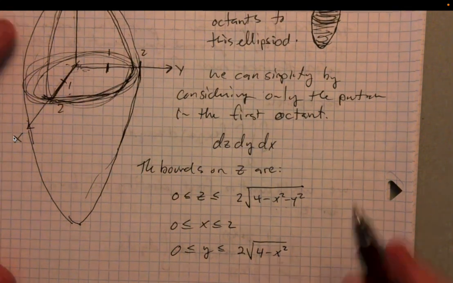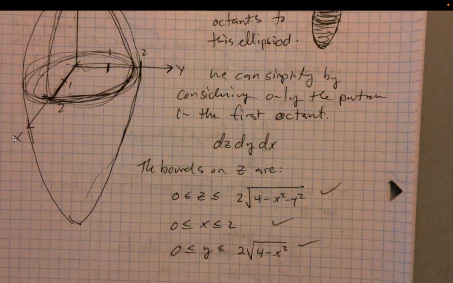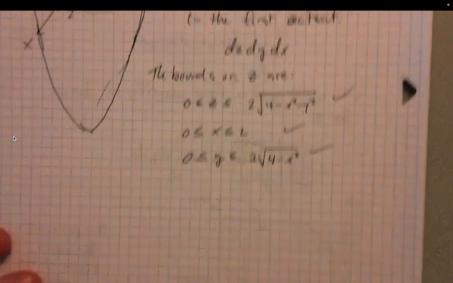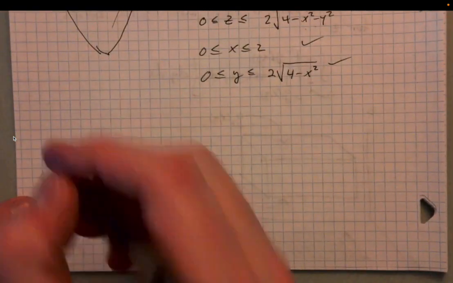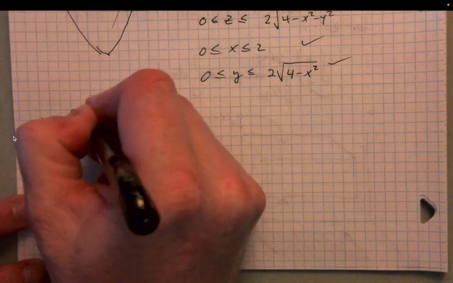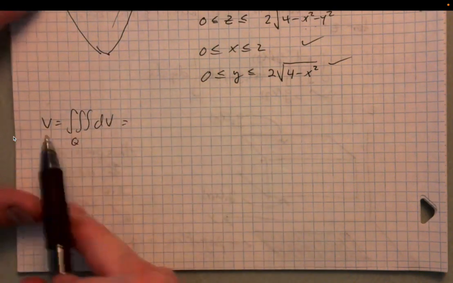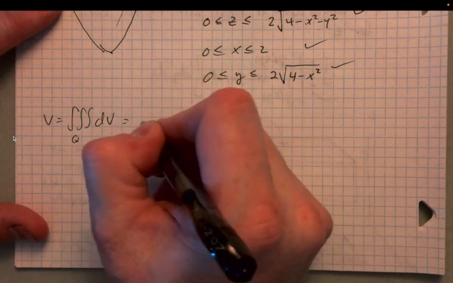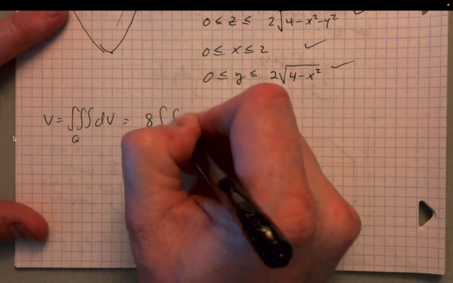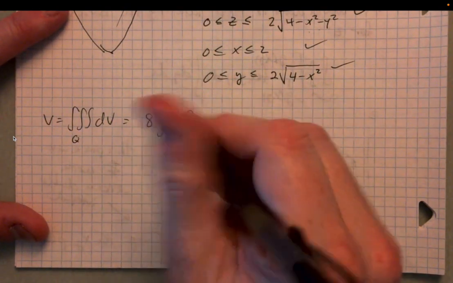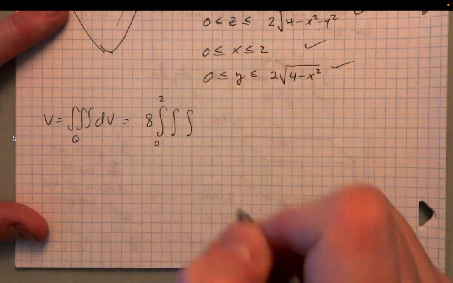Okay, and so we can use this information to set up the triple integral. We'll just write it out first. Remember to multiply by 8, since we've broken into 3 parts. The outer bound goes from 0 up to 2.